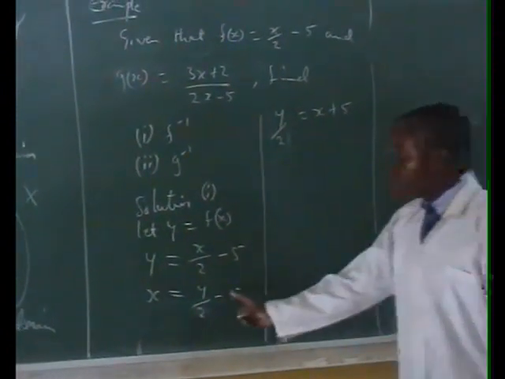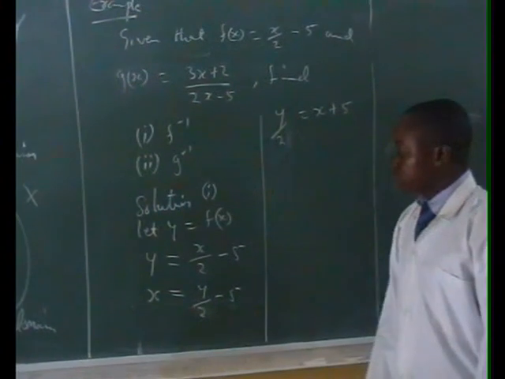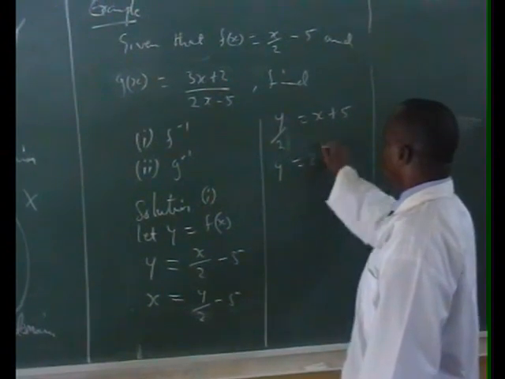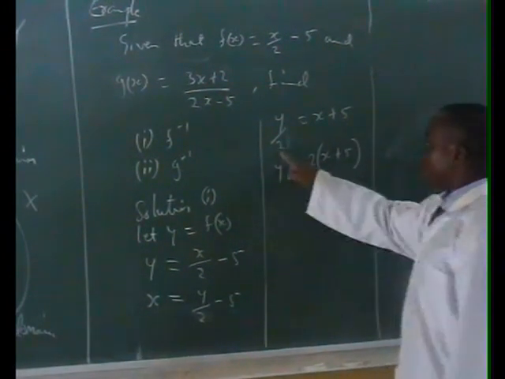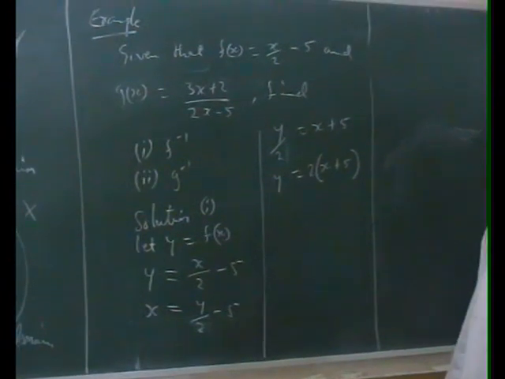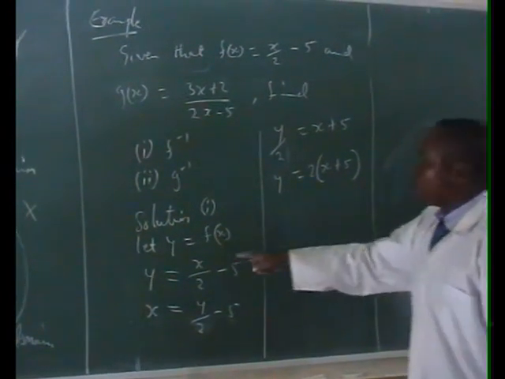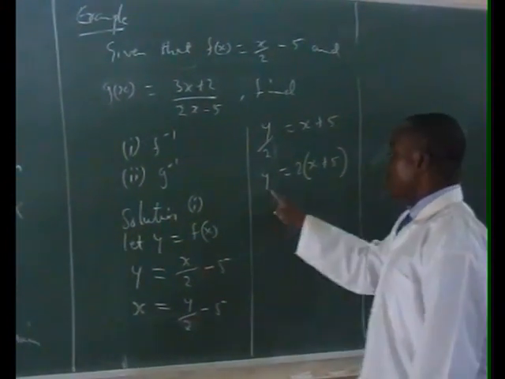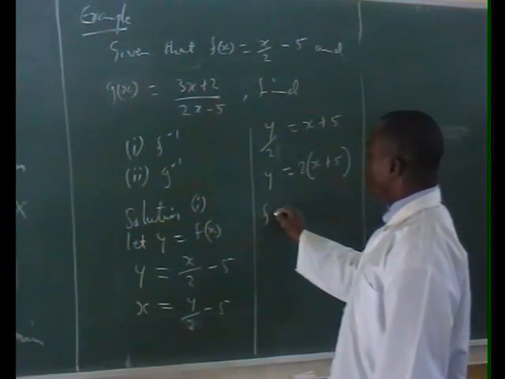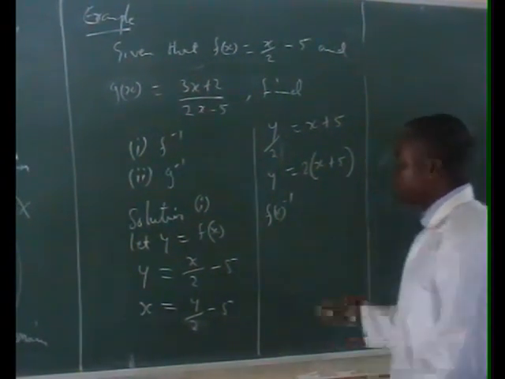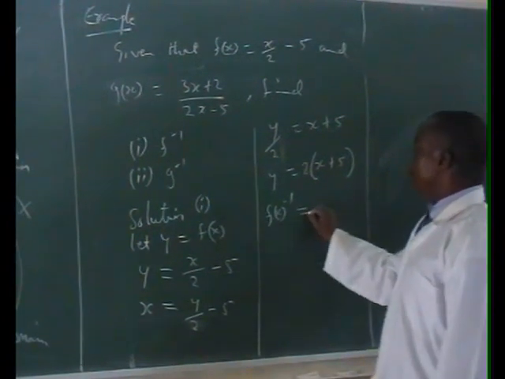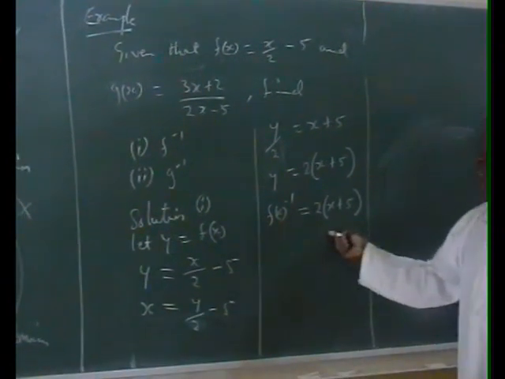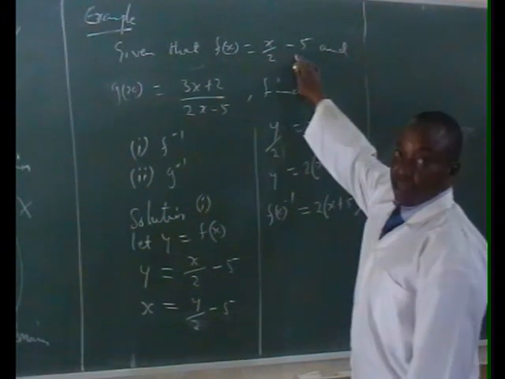You know how I'm taking this one to the other side, so we'll have y all over 2. Now, what it means is that y will be equal to 2 bracket x plus 5. So remember that y is equal to f of x. So I can replace that f of x inverse as inverse of f is equal to 2x plus 5. So this is the inverse of this particular function.